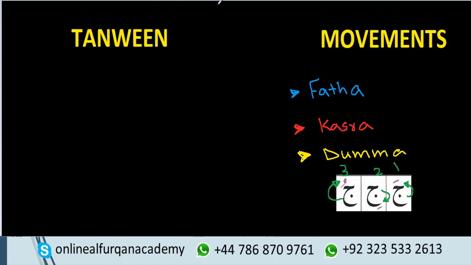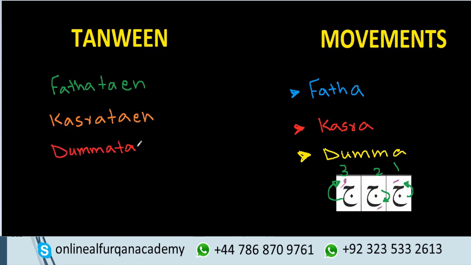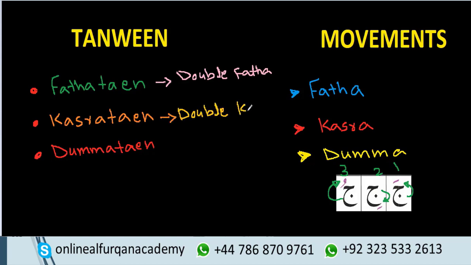We also learned in the previous lessons about Tanween. The word Tanween includes three signs. These are Fathataen, Kasrataen, the third one is Dammataen. And we know that the word Fathataen means double Fatha and Kasrataen means double Kasra, and the word Dammataen means double Dhamma.